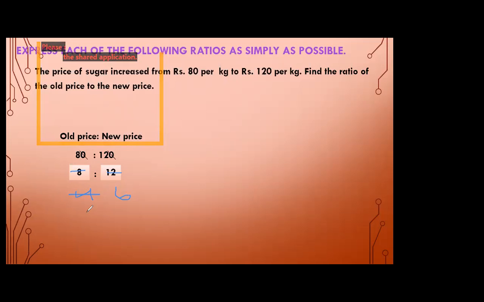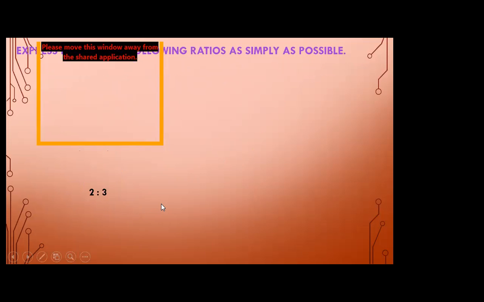Now 2 twos are 4 and 2 threes are 6. So here we get the ratio 2 is to 3. Is it clear? Now here I selected the table of 4 for the cancellation and I get the same answer, that is 2 ratio 3.